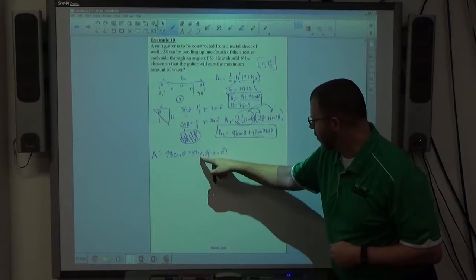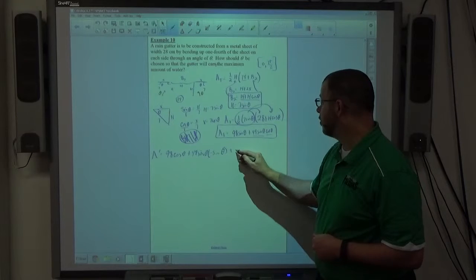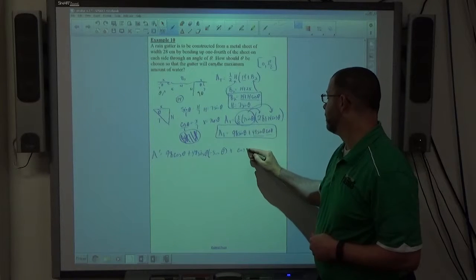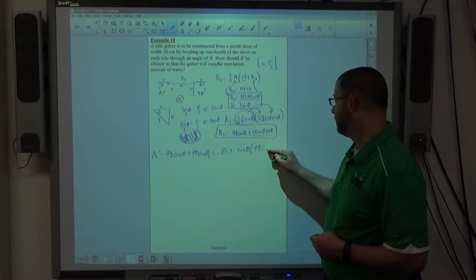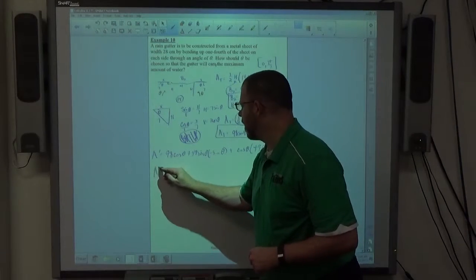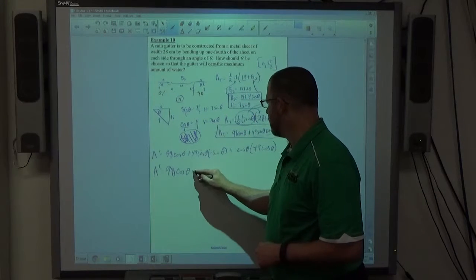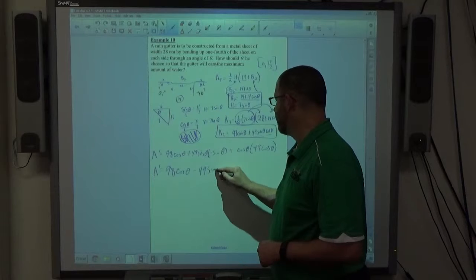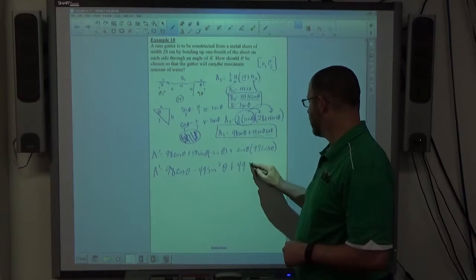So 1d2 is the function 1, 49 sine of theta times derivative of cosine, which is negative sine, plus 2d1, which is cosine of theta times derivative of 49 sine, which is 49 cosine. I end up with a prime equal to 98 cosine of theta minus 49 sine squared of theta plus 49 cosine squared of theta.